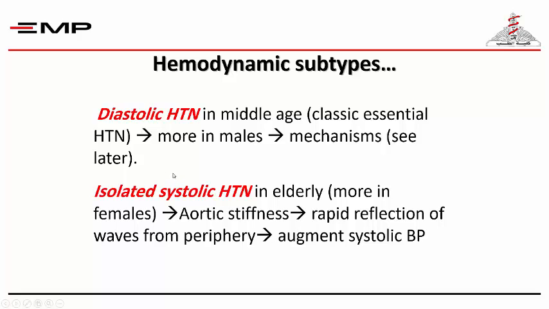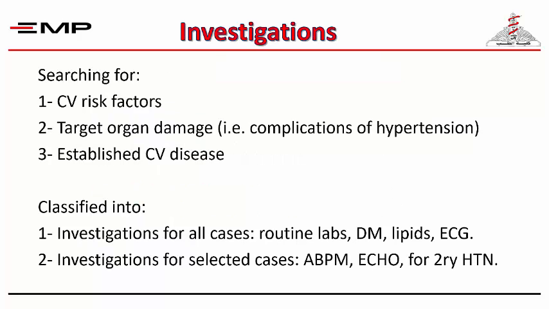Some other hemodynamic subtypes of hypertension: diastolic hypertension sometimes occurs in middle age, it's classical essential hypertension, and it occurs more in males. Isolated systolic hypertension occurs sometimes in the elderly, more commonly in females, with aortic stiffness, rapid reflection of waves from the periphery, and augmented systolic blood pressure.